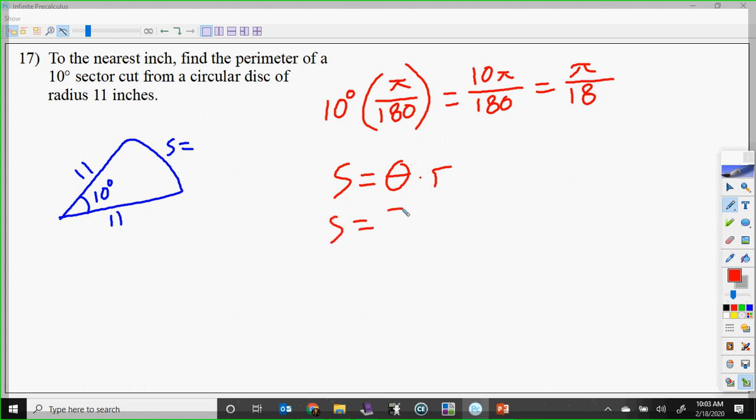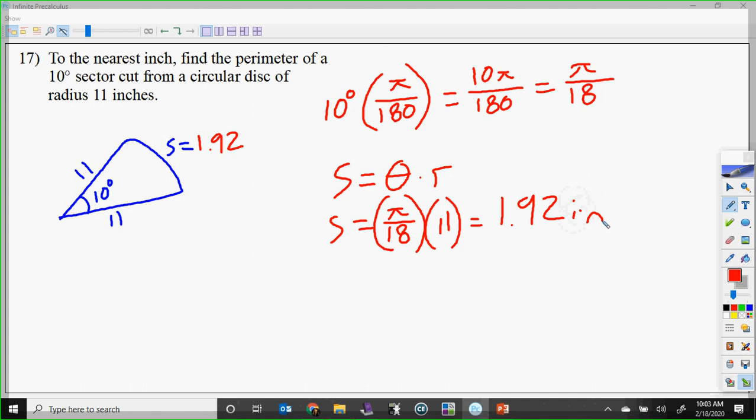My angle is pi over 18. My R is 11. Multiply those together. We have pi divided by 18 times 11. S is 1.92, rounded. And of course that's in inches.